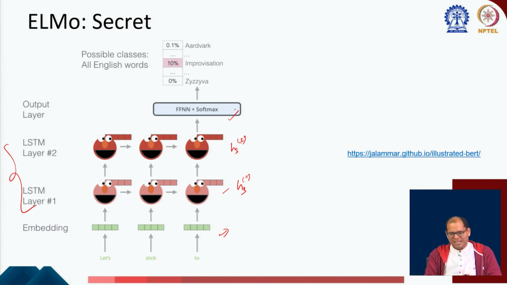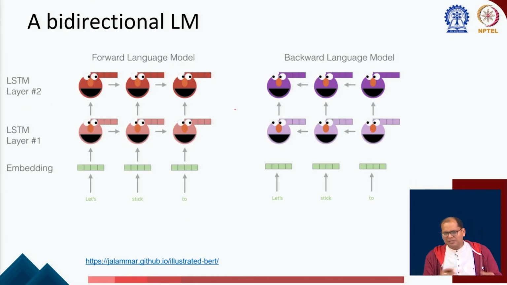That's how you train a language model over LSTM for ELMo. You also train a backward language model in the same way. You go backwards and train to predict the previous word, again in multiple layers. So you have trained both forward and backward.